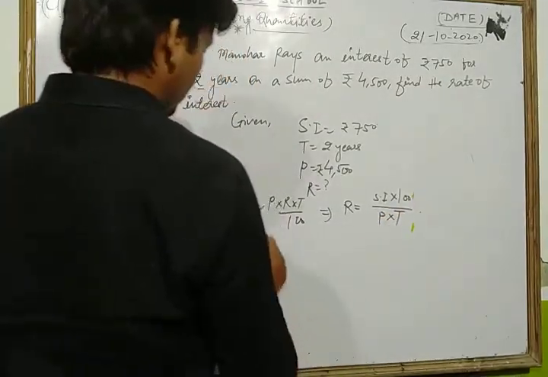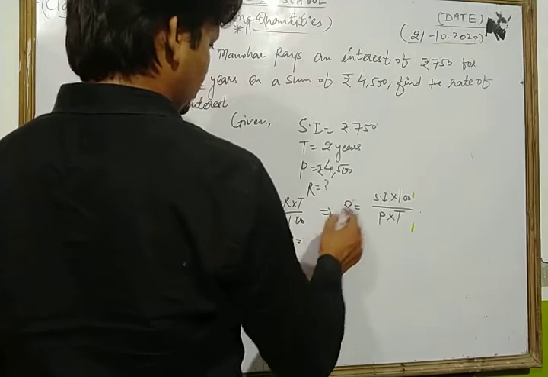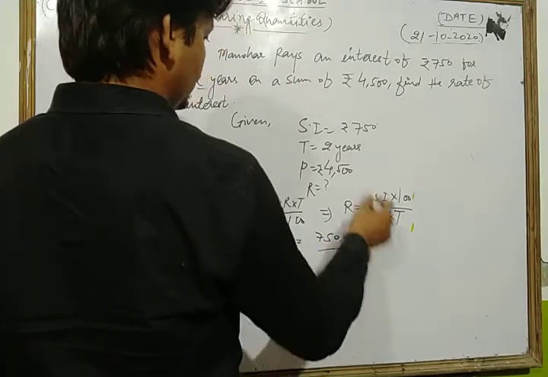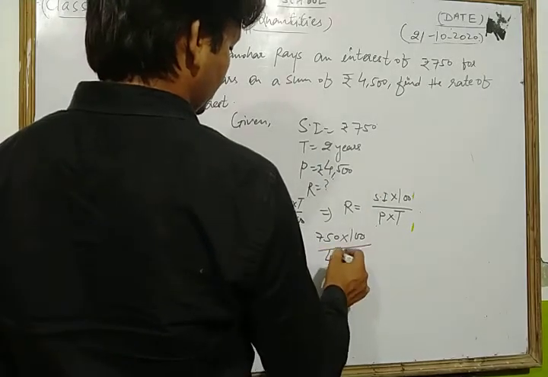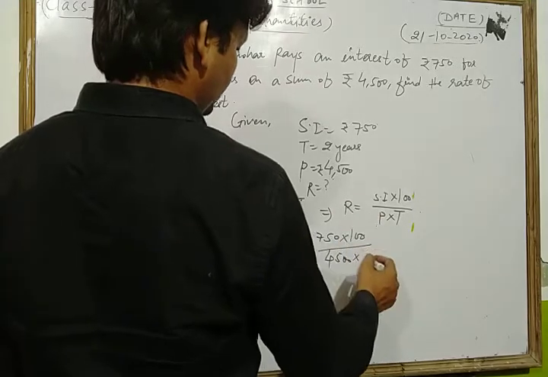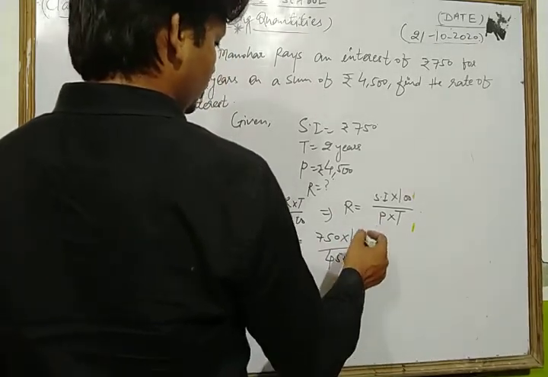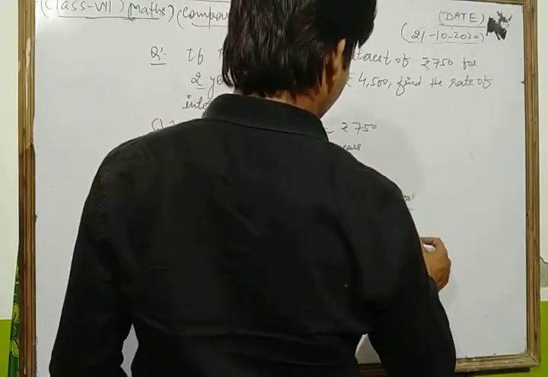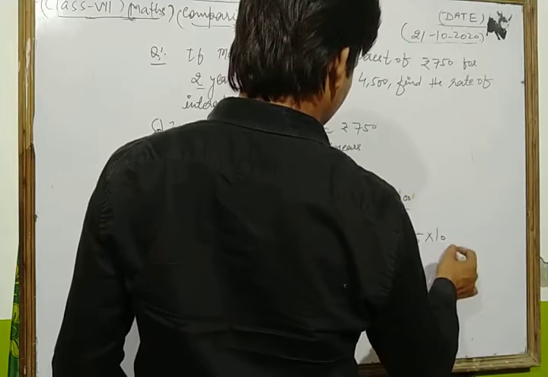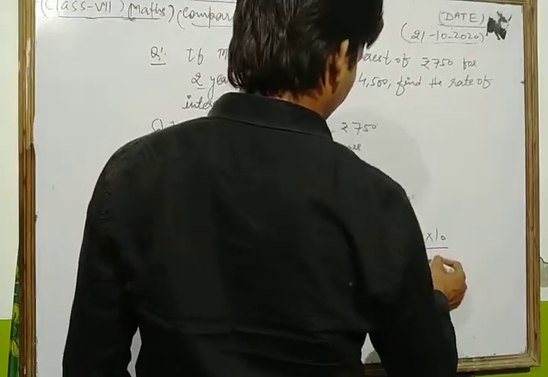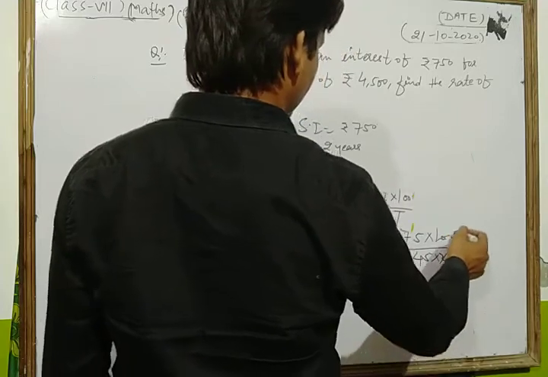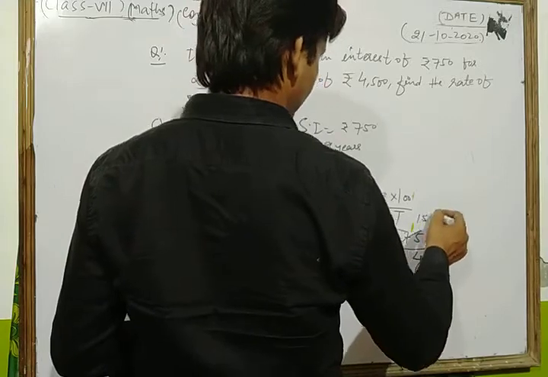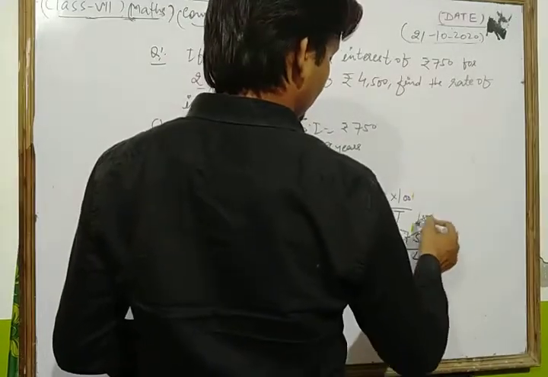Now we put the values, so we get rate R is equal to simple interest 750 into 100 upon principal 4,500 into time 2 years. Now look here, 2 zeros cancel each other, and now the rest is 75 into 10 upon 45 into 2. 2 fives are 10, and 5 nines are 45, 5 fifteens are 75. 3 threes are 9, 3 fives are 15.